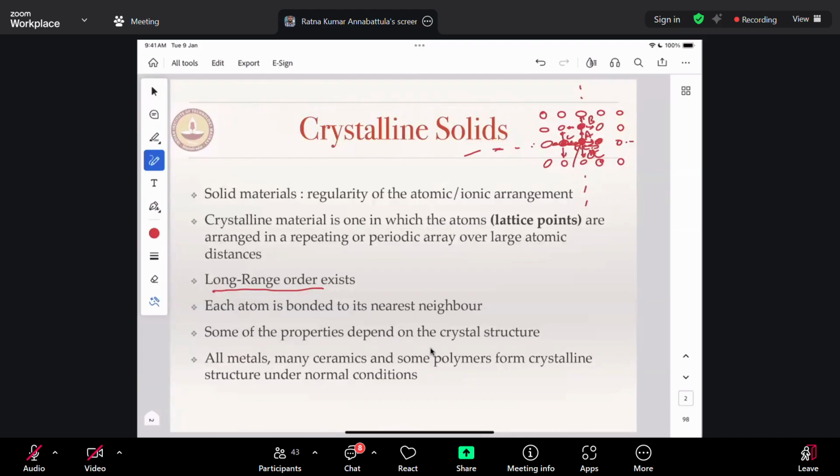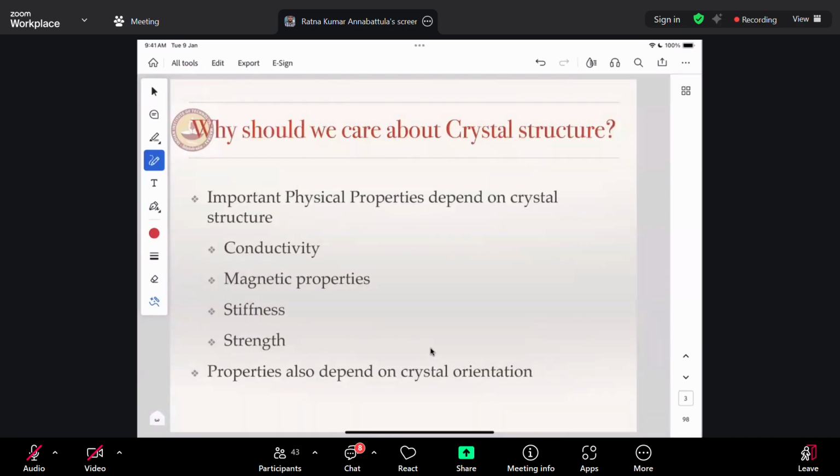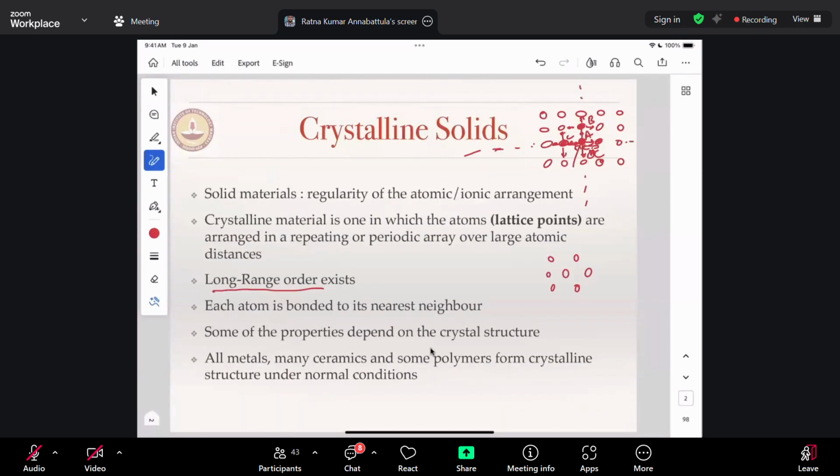So why is it important to understand how these materials are arranged? Now if you look at this atom, it is surrounded by atoms on a circular path.